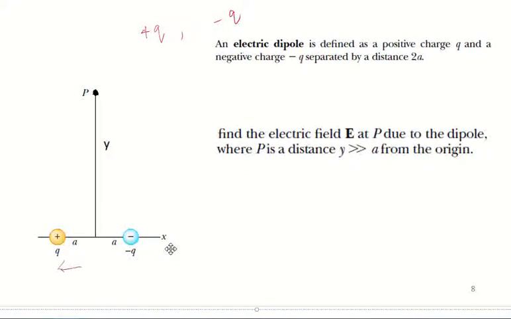If we want to determine the dipole moment between these two charges, the dipole moment is given by the symbol p.